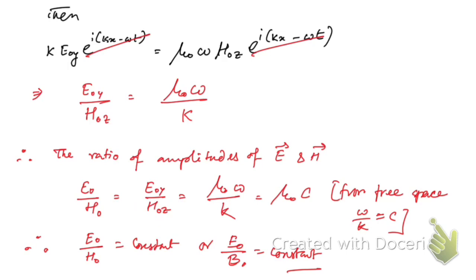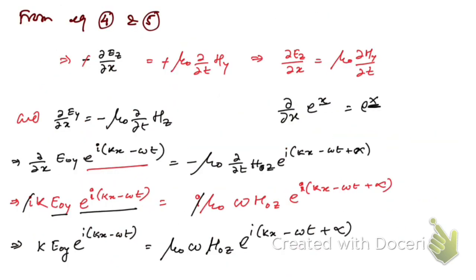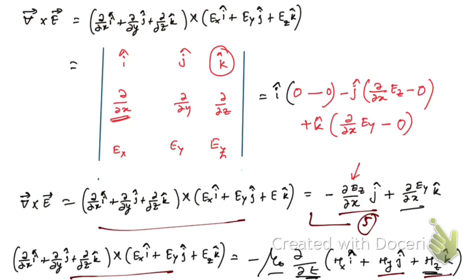Now you see, we have obtained this relation from this equation. After simplifying this equation, we have got this result, right? Then we have compared these components, right?